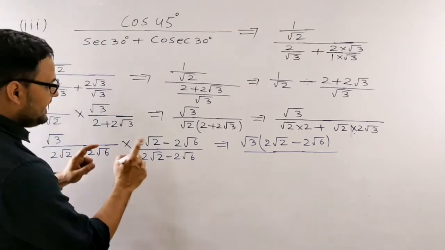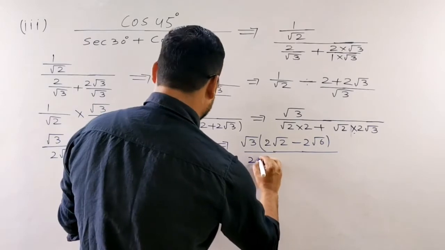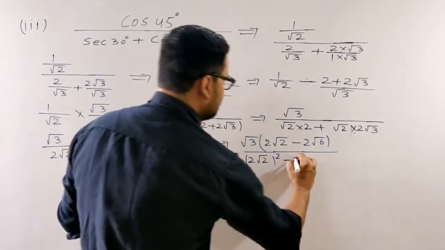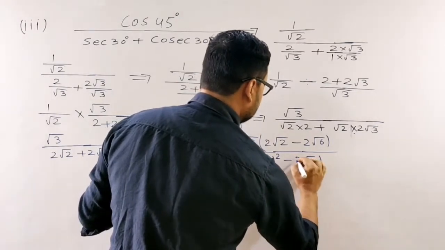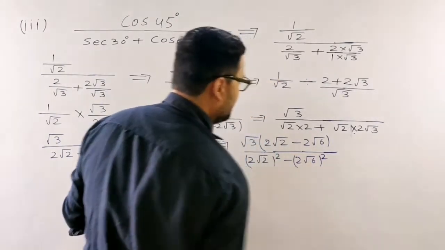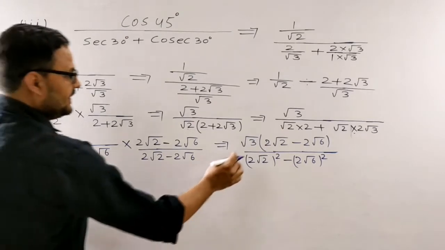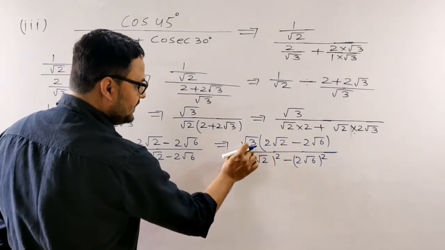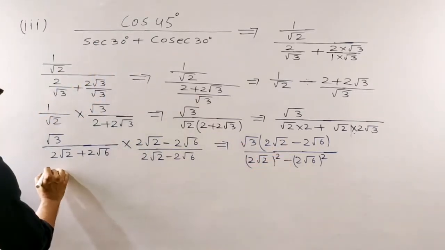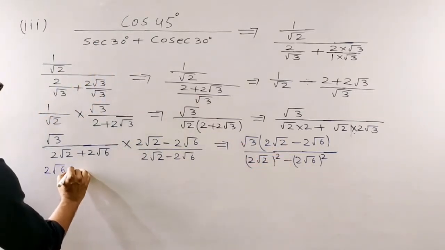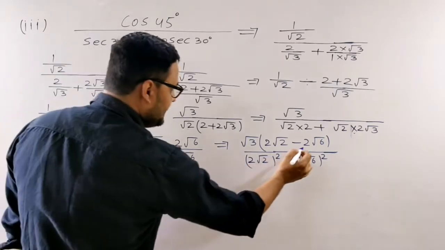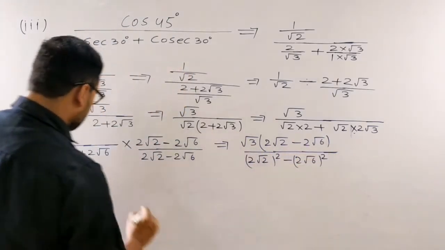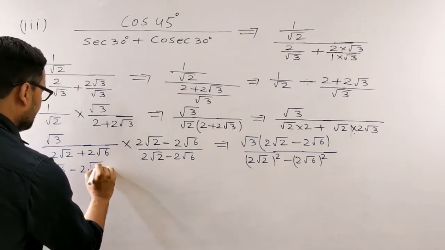So A plus B, A minus B is A square minus B square. Now I will continue down. Again this into this, 2 root 2 into root 3, root 6. So I got 2 root 6 minus 2 root 3 into root 6, root 18. So I get minus 2 root 18.